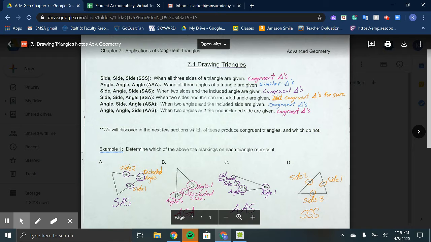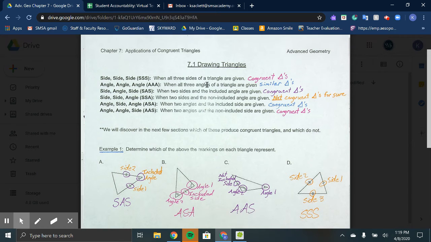Then we have angle, angle, angle, where all three angles of the triangle are given, but no information about the sides. This results in not necessarily congruent triangles, but similar triangles. The reason that they could be similar but not congruent is we could have a triangle whose angles are 60, 60, 60, and sides are 4, 4, and 4.